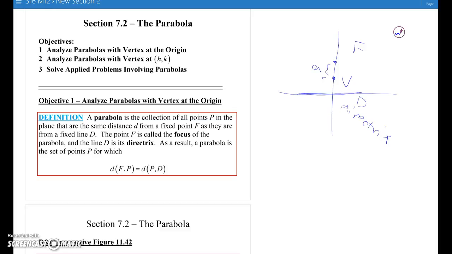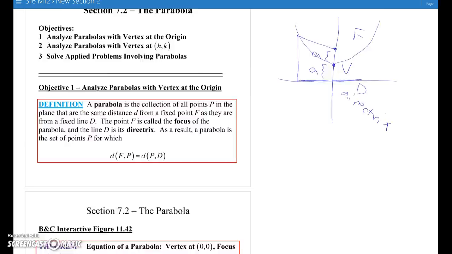That's how far it is from the vertex to the directrix. So we give that distance a name of a, and for every point on the parabola, it turns out that the distance from the focus to the parabola and the parabola to the directrix is exactly the same distance.